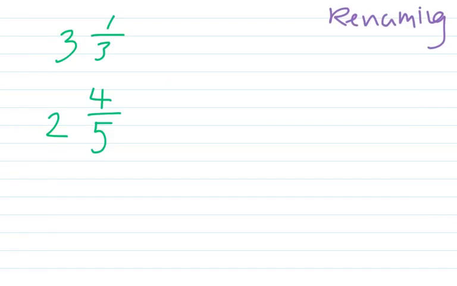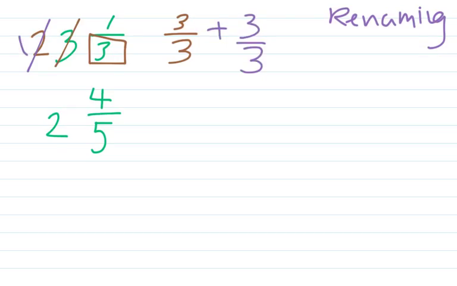So boys and girls, we have 2 fractions here. In this particular fraction, you need 3/3 to have one whole. So if we trade one of these wholes, we would have 3/3, which would be one whole. If we trade another one, we would have plus 3/3. And then if we trade one more, we would have another 3/3.